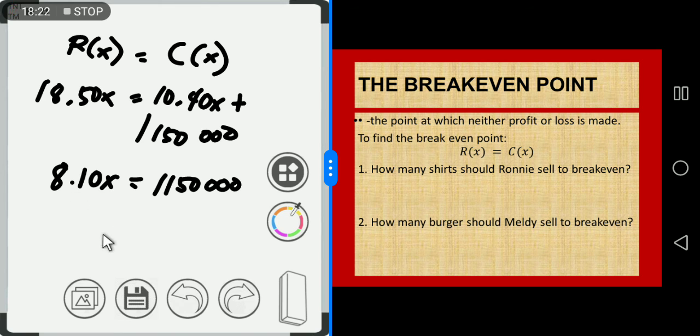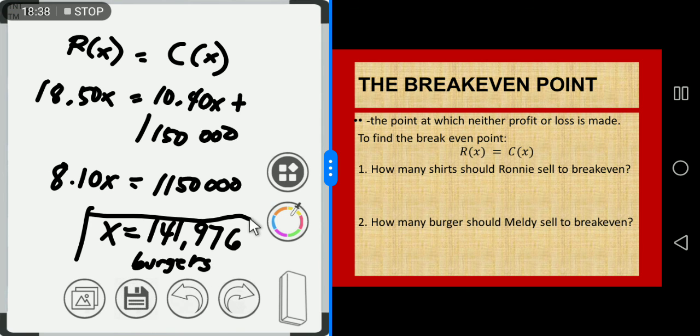So, therefore, x is equal to 141,976. This one is burgers. Okay. So, ayan. So, more examples on our next video.